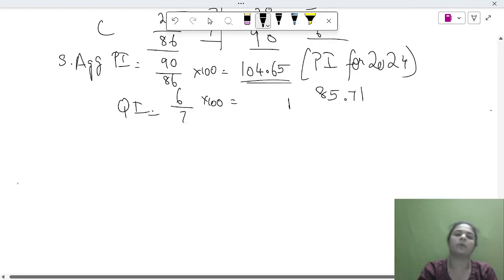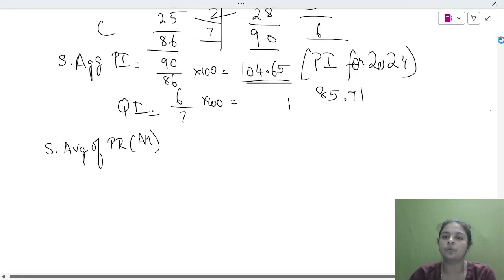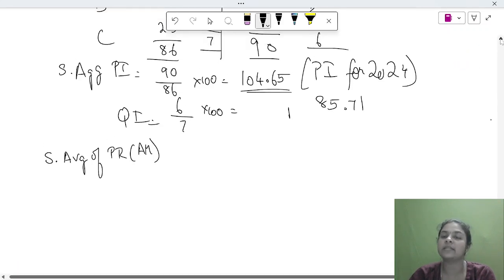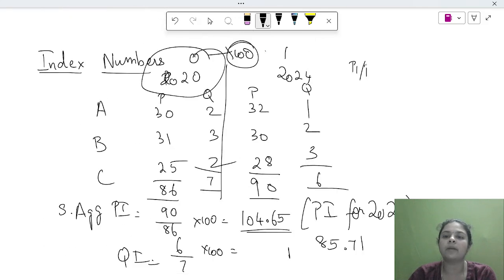Okay. Now for the same example, we are going to do simple average of price relatives by the arithmetic mean method. So now what we need to do is, we need to do P1 by P0 into 100 individually. So we need to do P1 by P0 into 100 separately. 32 by 30 into 100.